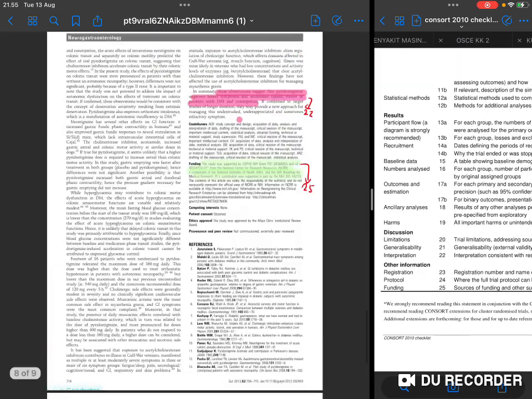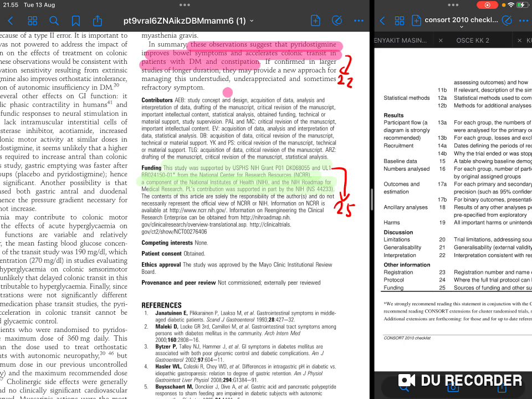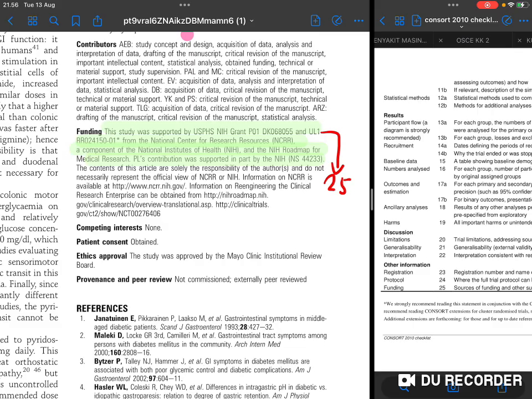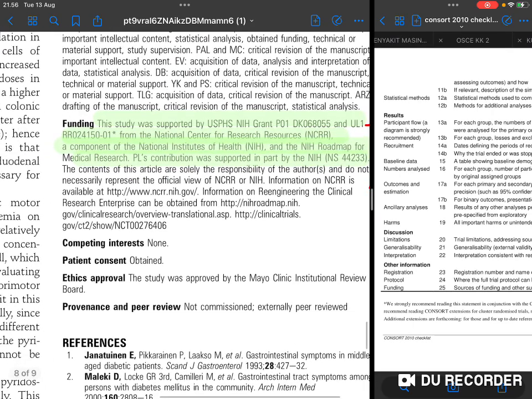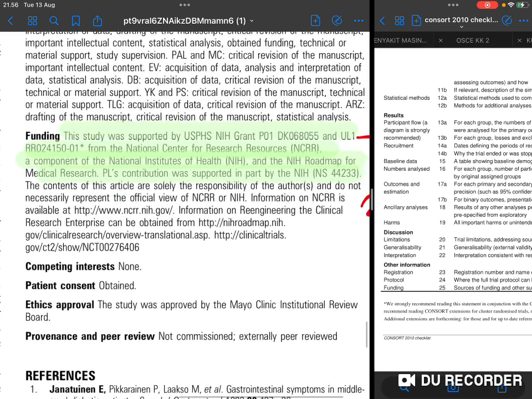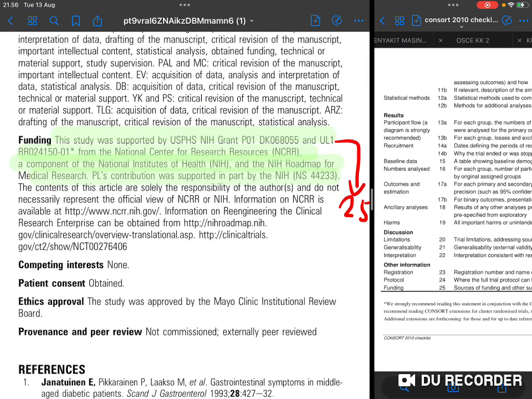And then number 25, we have other information such as funding. So the study was supported by USPHS, as you can read it yourself. It's from the National Center for Research Resources.